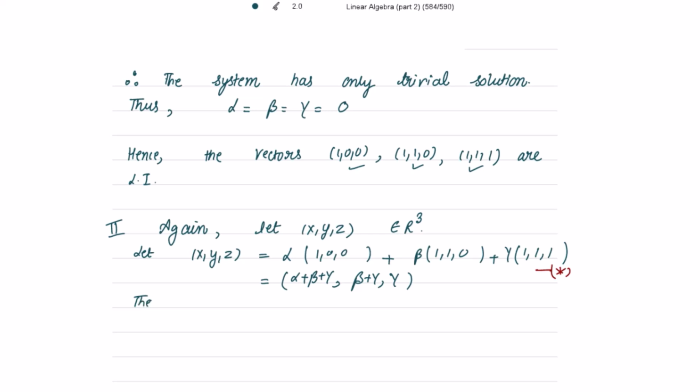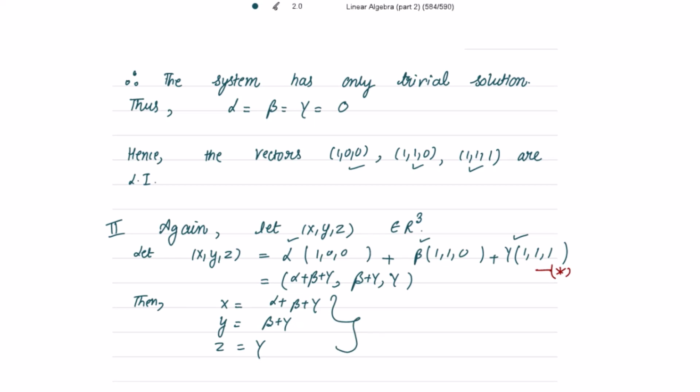And I get 3 equations. Then I get x equal to alpha plus beta plus gamma, and then y is equal to beta plus gamma, and z is equal to gamma. What my task is, I have to get the values of alpha, beta, gamma from these equations, and place these values in star.